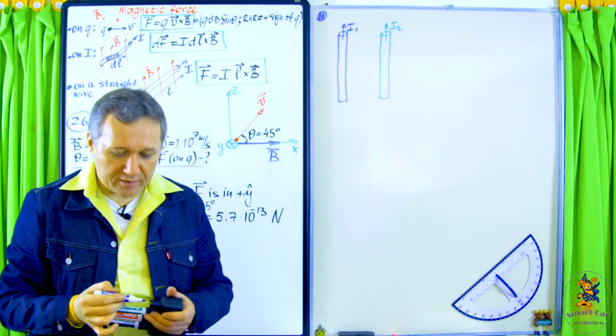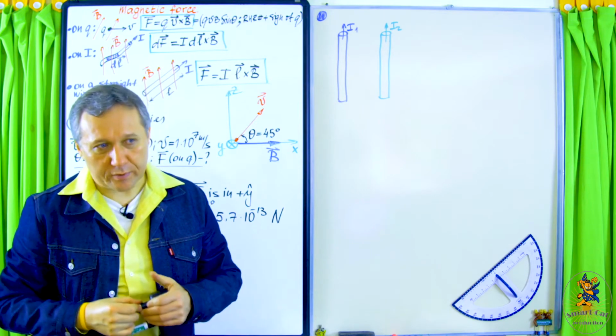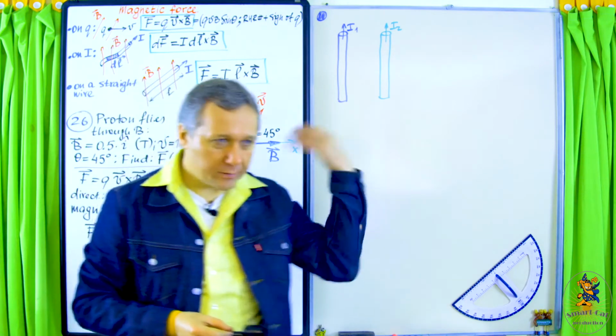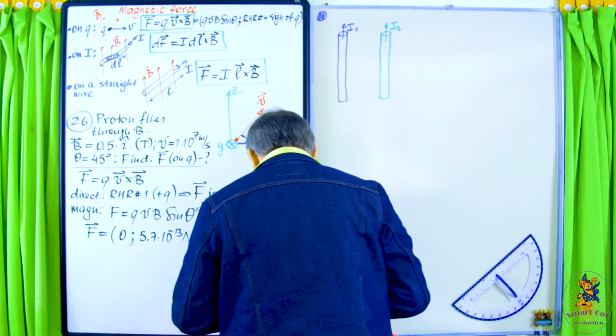I want to discuss the procedure, the strategy to address problems like this. Numbers you can easily add if you want. It's not the goal.